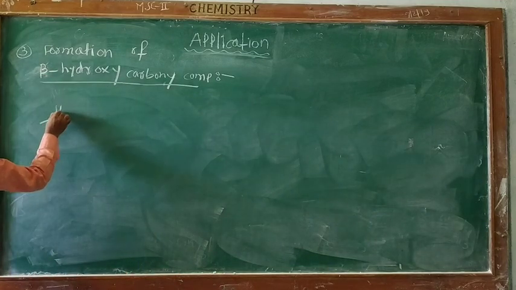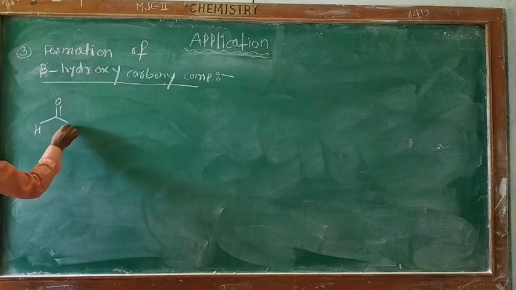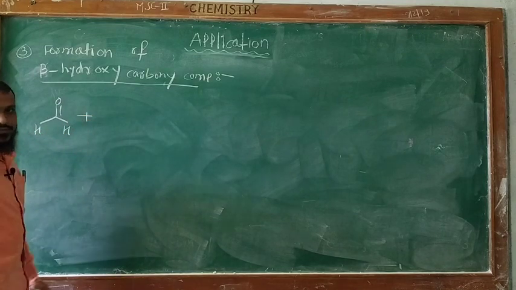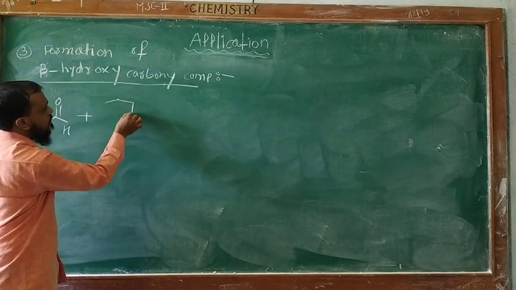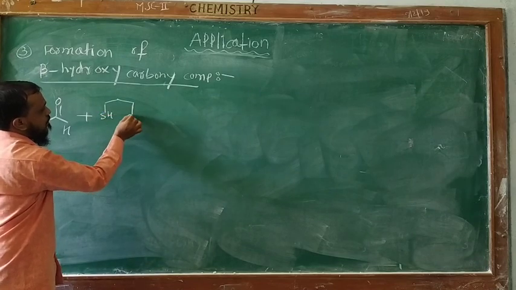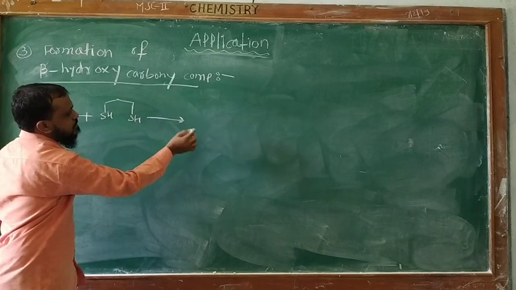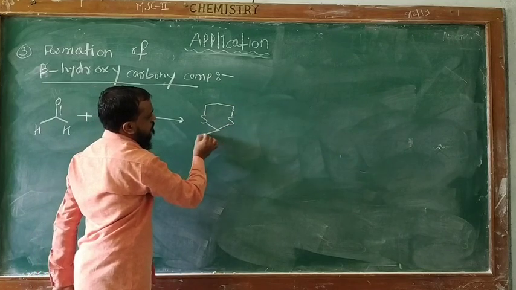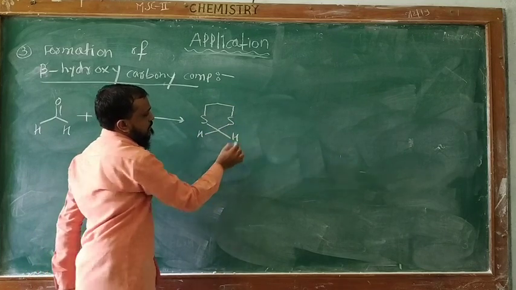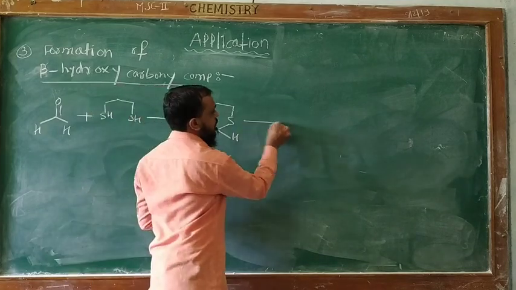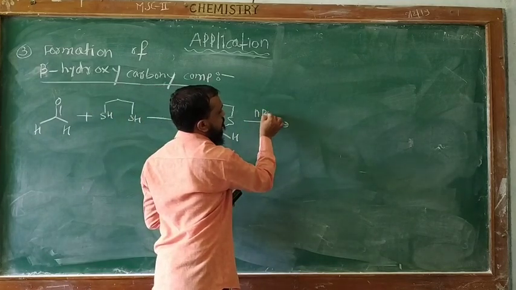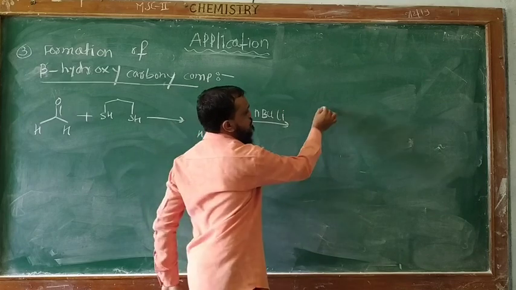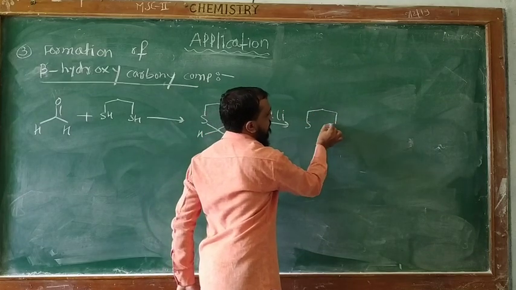This is our formaldehyde. Okay, it is treated with 1,3-dithiol to produce 1,3-dithiane. Okay, this 1,3-dithiane is further treated with n-butyl lithium to produce lithiated salt.